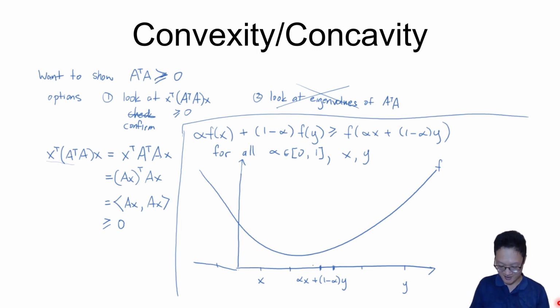So basically, alpha x plus 1 minus alpha y will be some arbitrary point between x and y, inclusive. We have taken care of quite a few variables here: we understand what x is, what y is, and also what this entire thing that we're plugging into f on the right-hand side is.